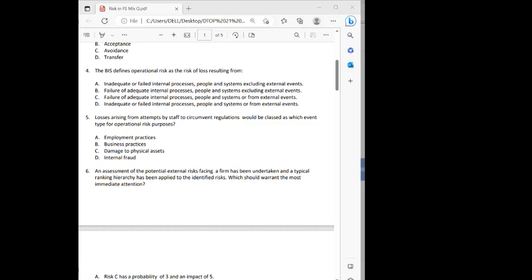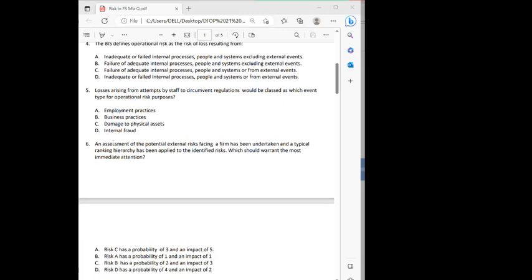Incorrect. Failure of adequate internal processes, people, and systems, or from external events. Inadequate or failed internal processes, people, and systems, or from external events. Yes, it's not just failure; it's also about inadequacies. Therefore, the correct answer is D. All of you have given the correct answer. Good. Question number 4, D. Let's go to question number 5.